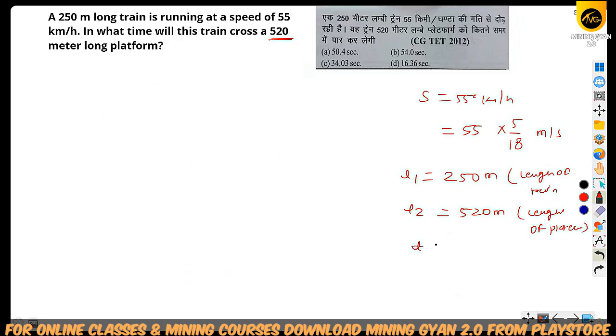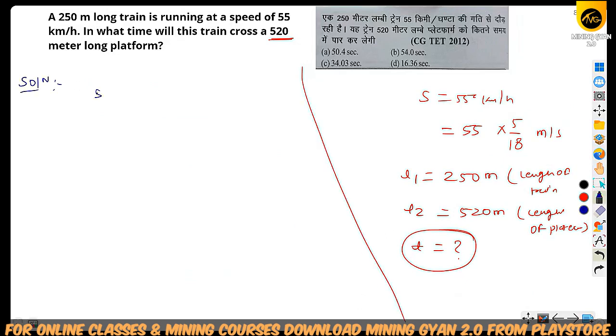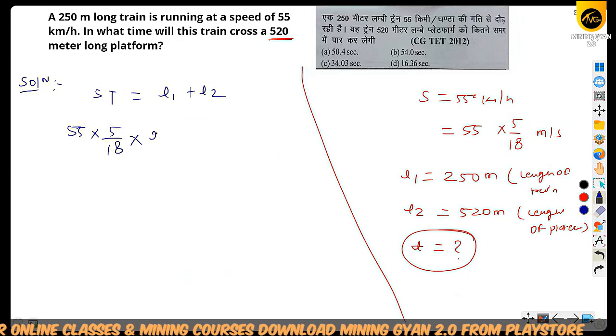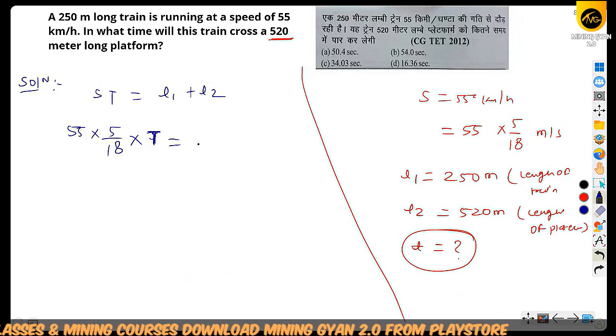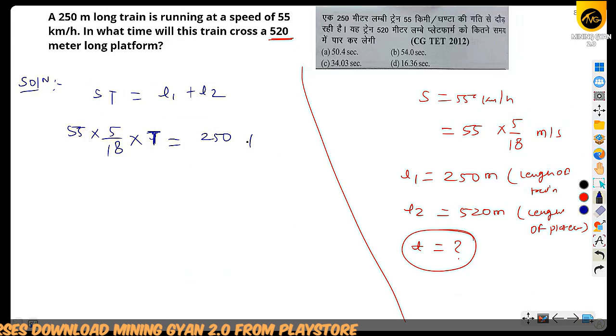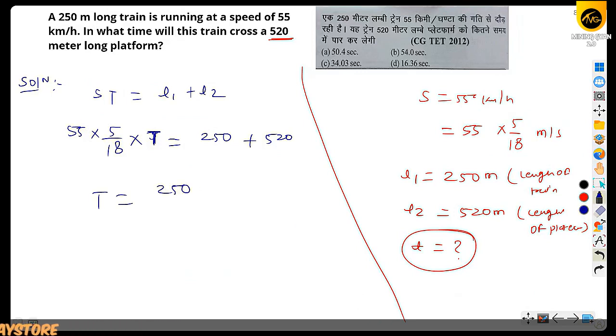Now we have to calculate the time duration, the time interval. So just use again S into T is equal to L1 plus L2. In this case, the speed is 55 into 5 divided by 18, into T, is equal to L1, 250 meter length of train, plus the length of the platform, 520 meter. Clear?